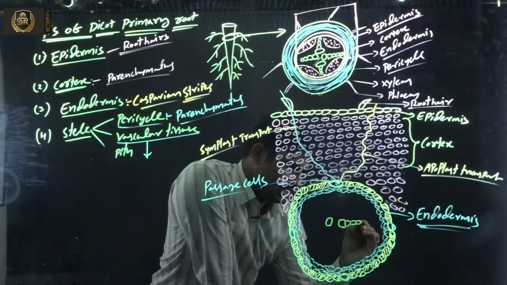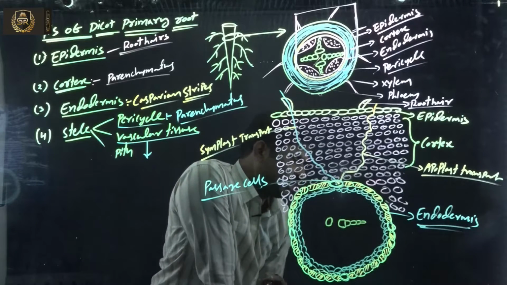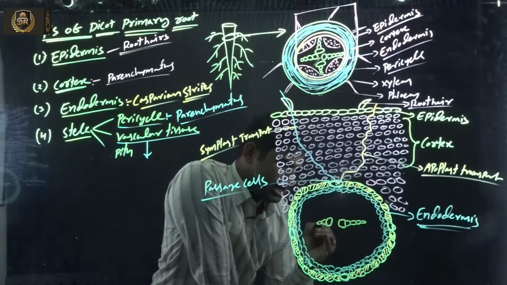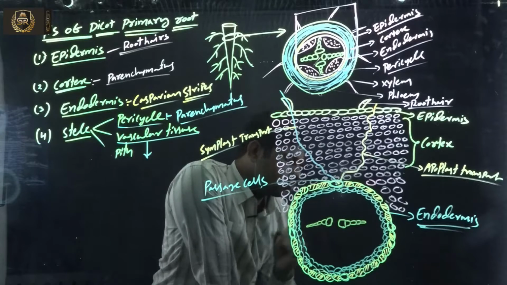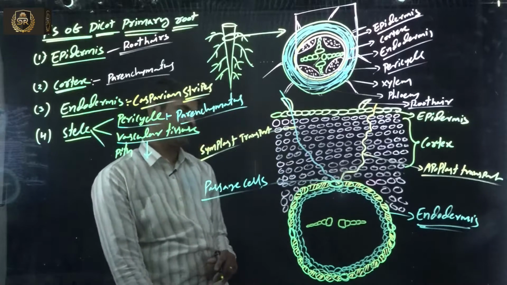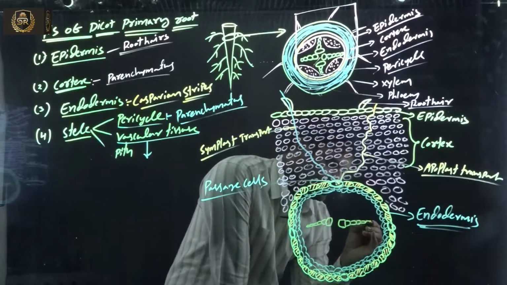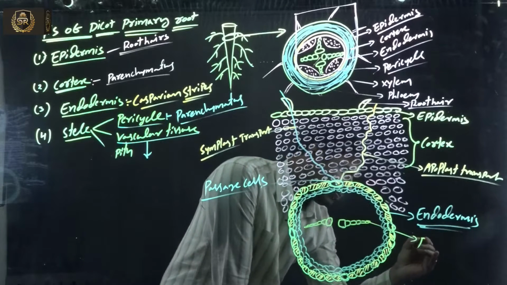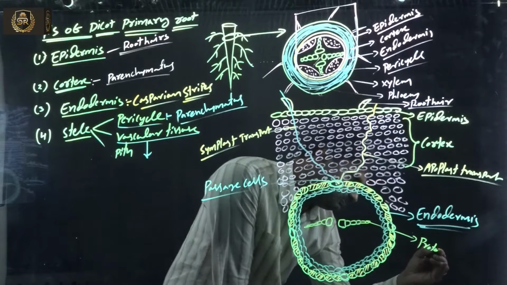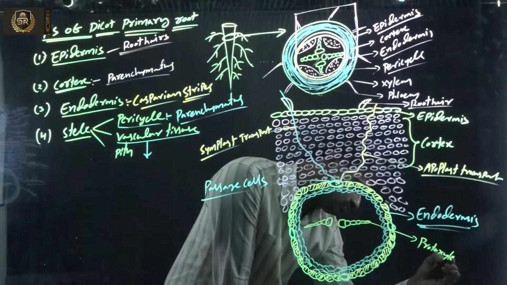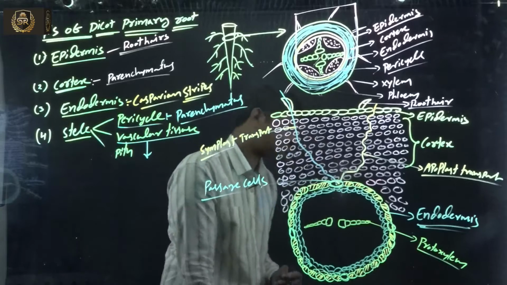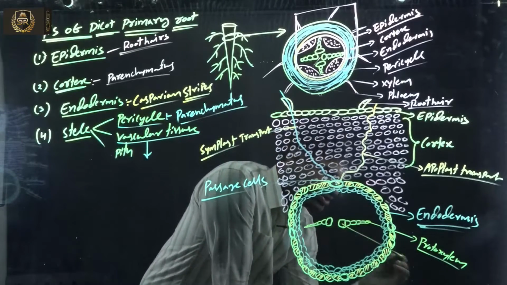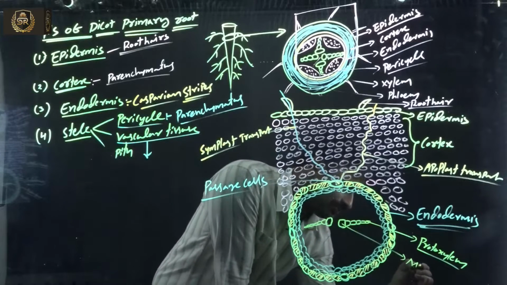The xylem on the inner side is called metaxylem. The metaxylem's outer side is protoxylem. The first formed xylem is called protoxylem. The last formed xylem is called metaxylem.